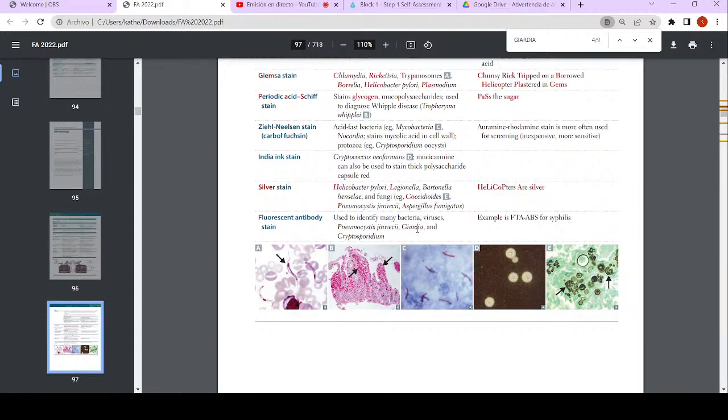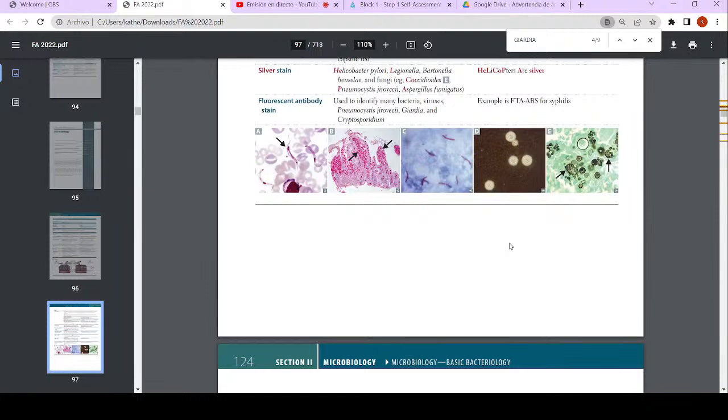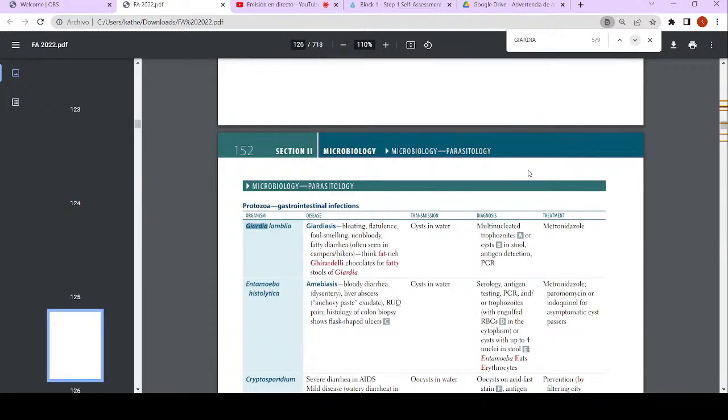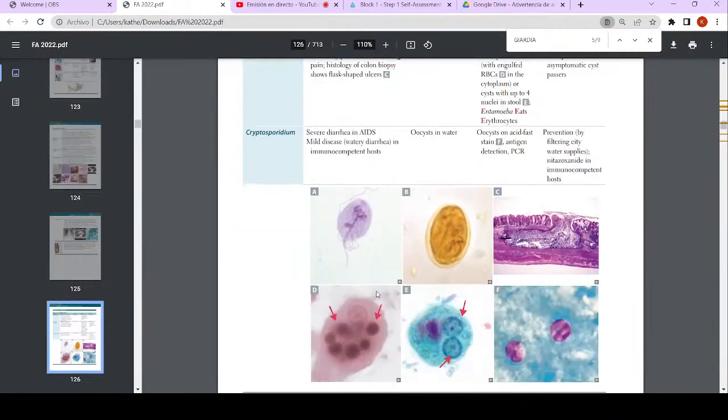What's the picture of the Giardia? They do not have it. I was expecting to see the picture. Here it is, the Giardia. This is not the best picture of a Giardia, but you can see this is actually how they describe it.